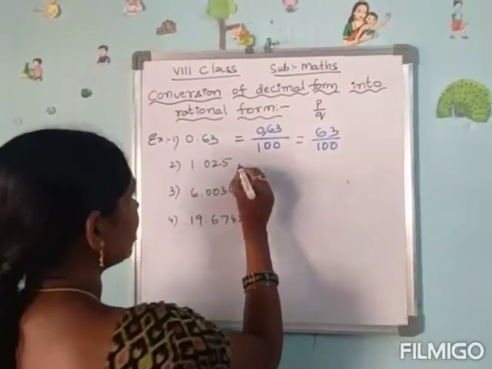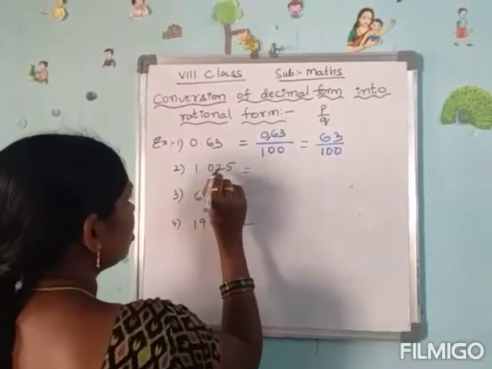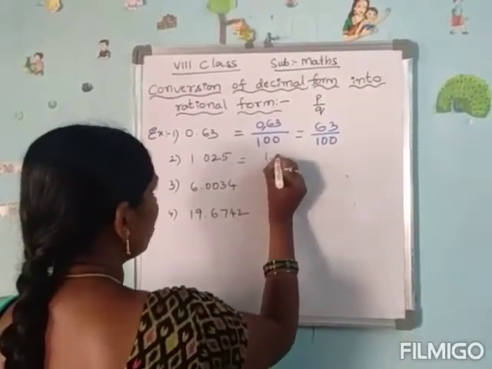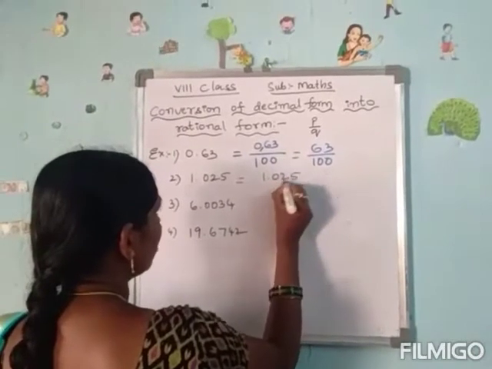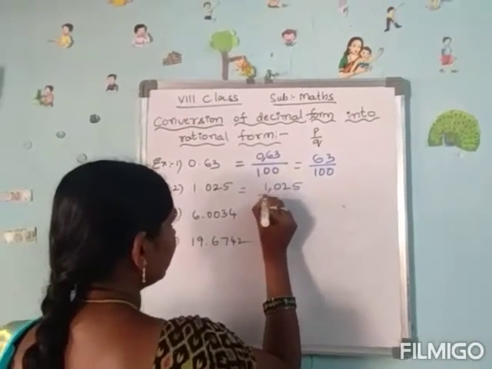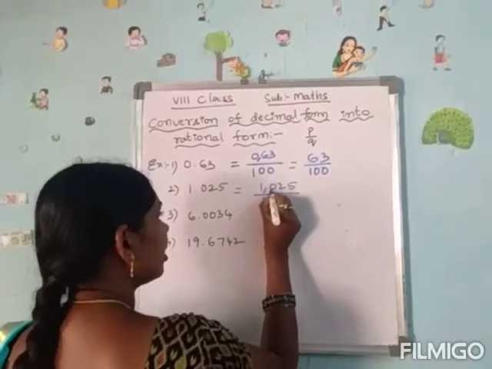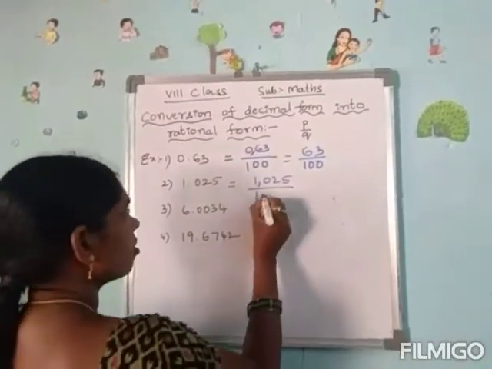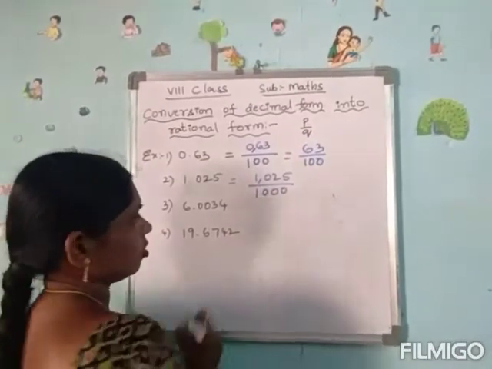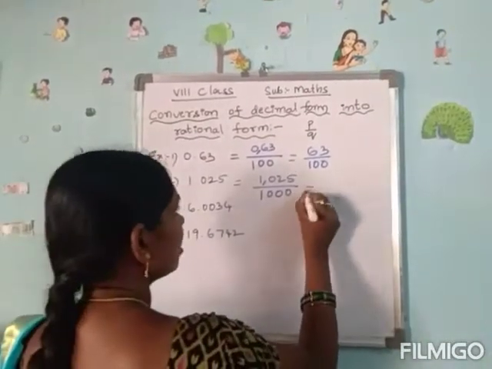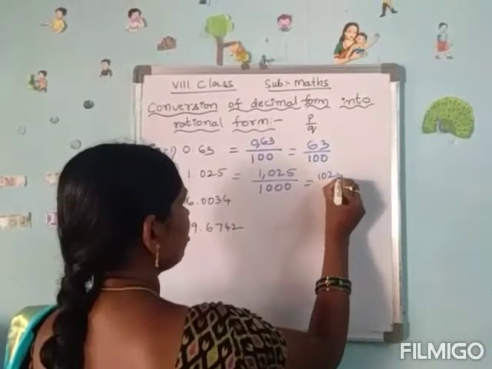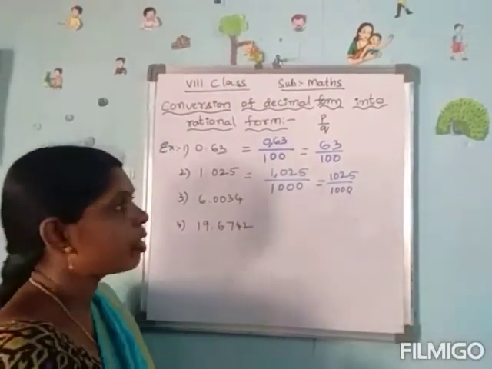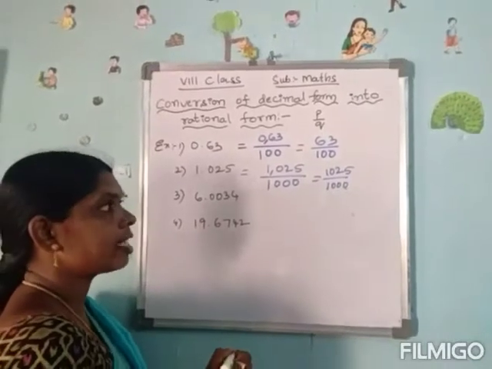In the next one, see here, 1.025. We have to remove the point, and how many digits are there in the decimal part? 1, 2, 3 digits. So 3 zeros. At last we got 1025 by 1000. Is it possible to write it in the simplest form?